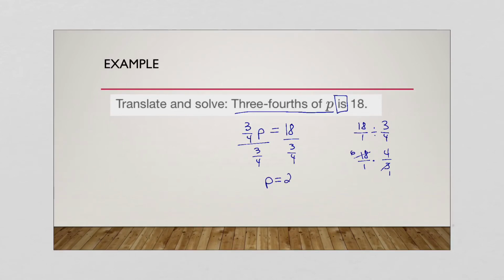So I get 24 as an answer. So if I want to test that, 3/4 times 24, is that equal to 18? 6 times 3 is 18. Yep, that's a true statement, so this is the correct answer.